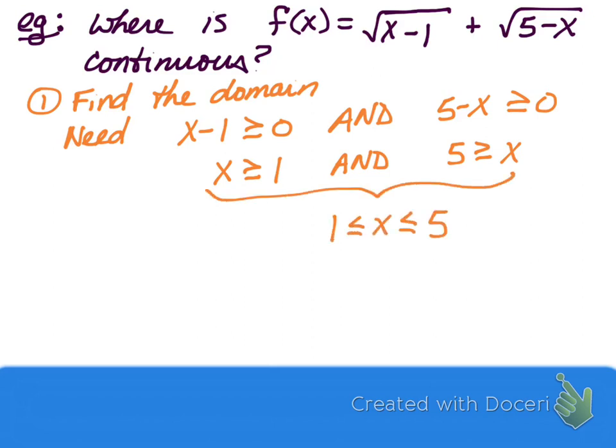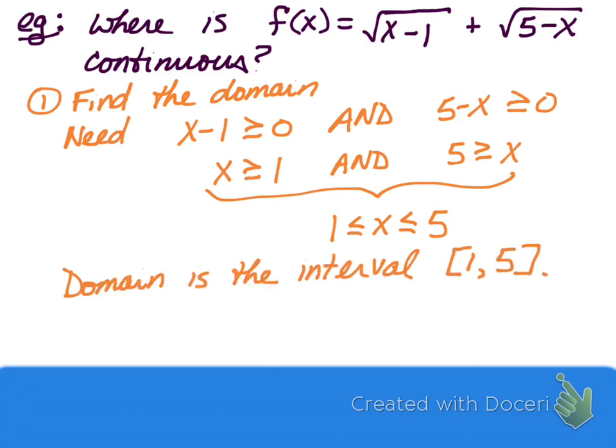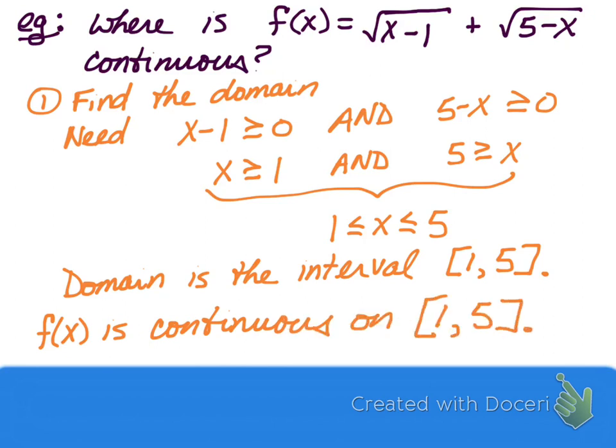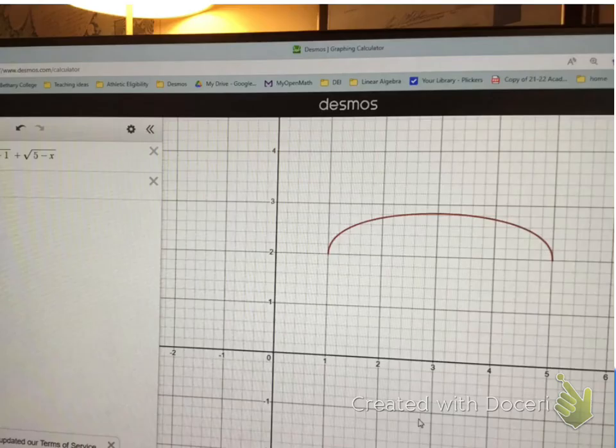This is a compound inequality, 1 less than or equal to x less than or equal to 5. And so my domain is the closed interval from 1 to 5. And f of x is continuous on its entire domain. And here we're going to look at a graph. This was created in Desmos, and we could see that it's continuous everywhere. As mentioned on the first slide, the idea is that you can draw the graph without picking up your pencil.